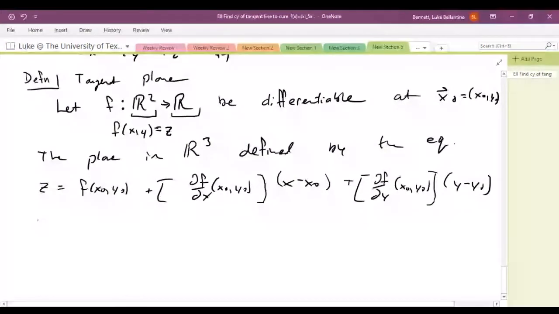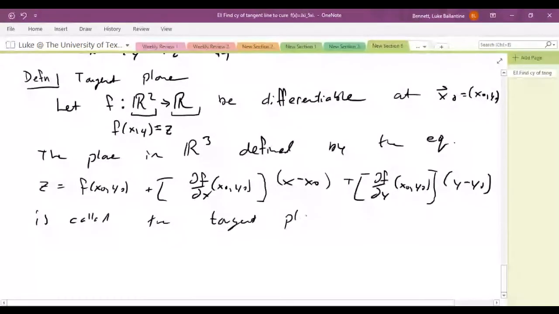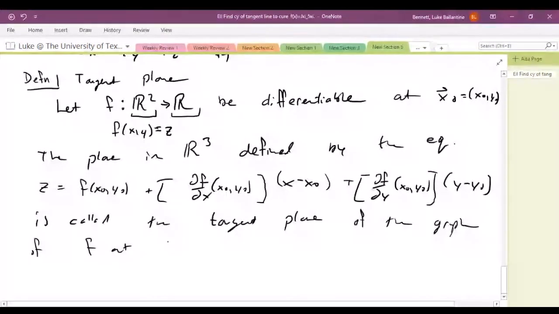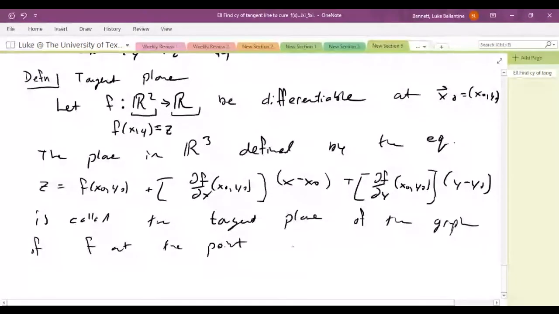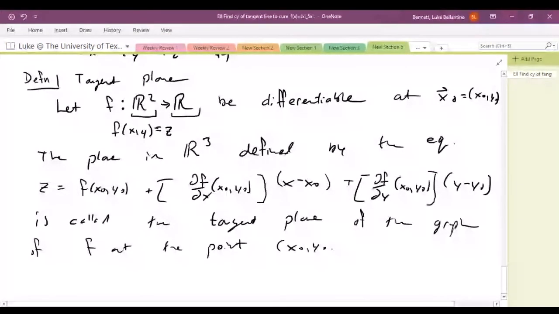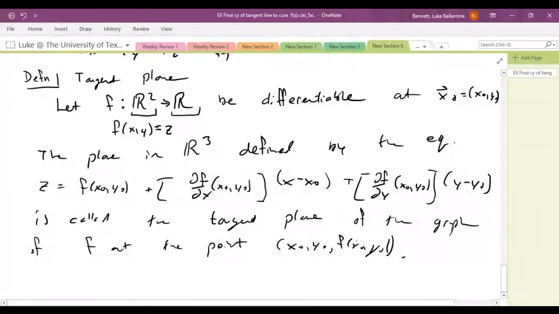It's called the tangent plane of the graph of f at the point (x naught, y naught, f of x naught, y naught). Cool.